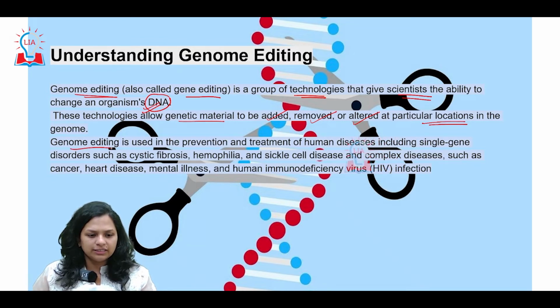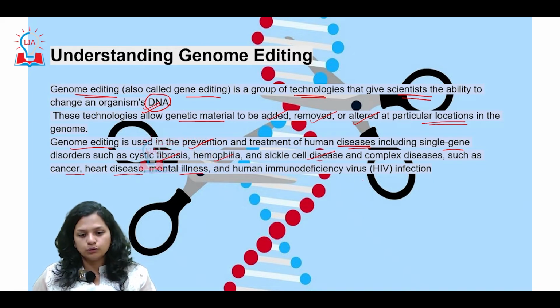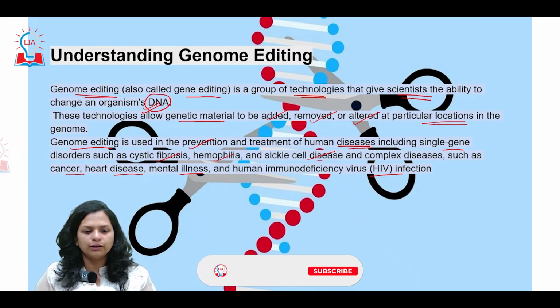This process is often used for the prevention and treatment of human diseases, including single gene disorders like cystic fibrosis, hemophilia, and sickle cell disease, and much more complex diseases like cancer, heart diseases, mental illness, and also HIV infection. So we're looking at a whole new gamut of diseases for which our current modern medicines have not been able to have a foolproof preventive plan, and we're trying to address it through genome editing.